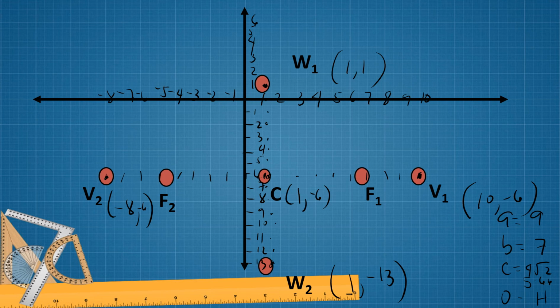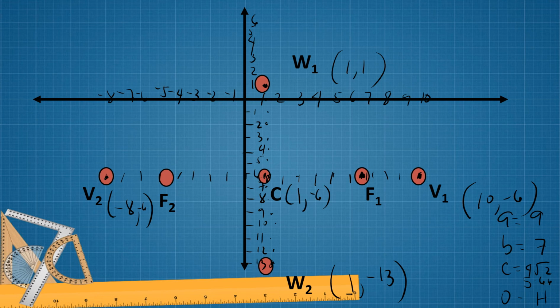Now, to locate the foci, we have 4 square root of 2. We're going to count 4 square root of 2 or 5.66 units right and left of the center. So, we have here, center. So, we have 1, 2, 3, 4, 5. Since this is the 6, and 5.66 is between 5 and 6, therefore, the first focus is located here.